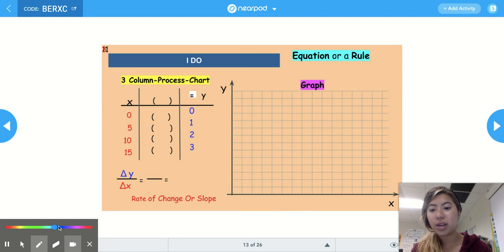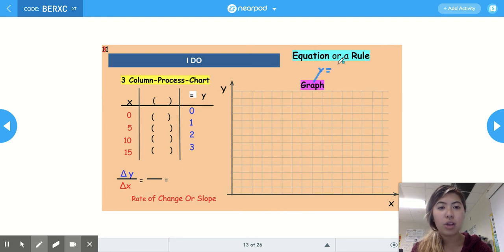So I'm going to rewrite that equation on this slide. And all the values in that table have now been put into this chart right here. The x values on the left side, the y values on the right side. And we have our equation 1/5 times x. So what that means is that we're going to multiply 1/5 by all of our x values. So when x is 0, we're multiplying 1/5 times 0, which is 0.